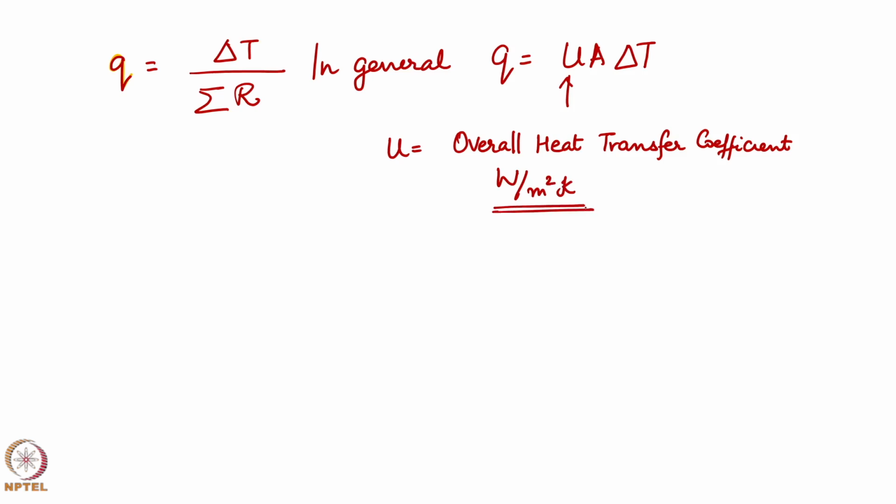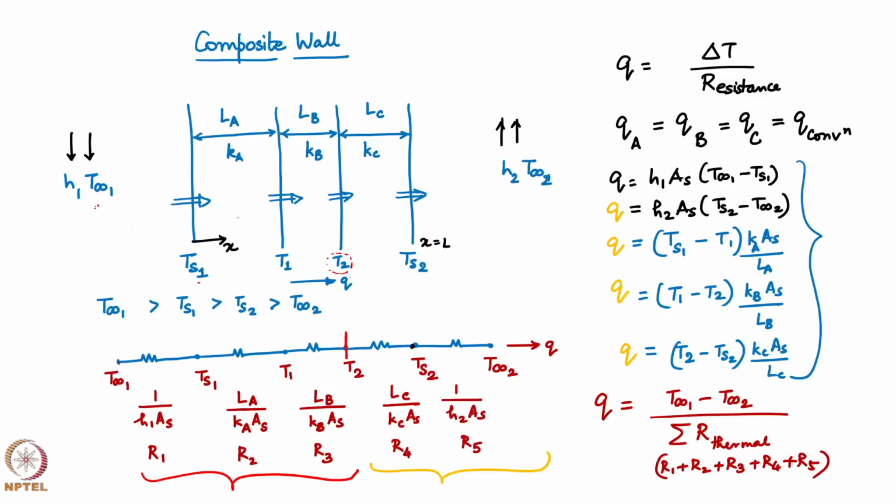And what is it? This Q is essentially a different way of writing this, delta T over summation of R thermal, right. So, if I compare these two, U A is nothing but, and I just compare this, delta T is the same. So, if I go back to this slide, the delta T is T infinity 1 minus T infinity 2. I am going to write this as U A T infinity 1 minus T infinity 2.